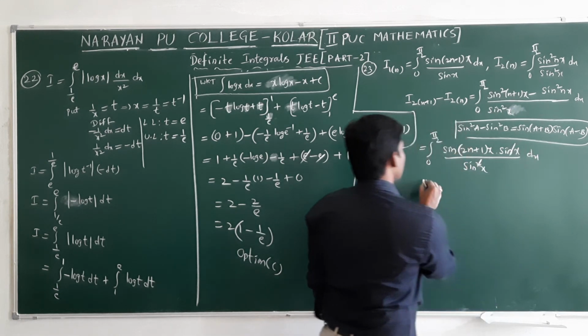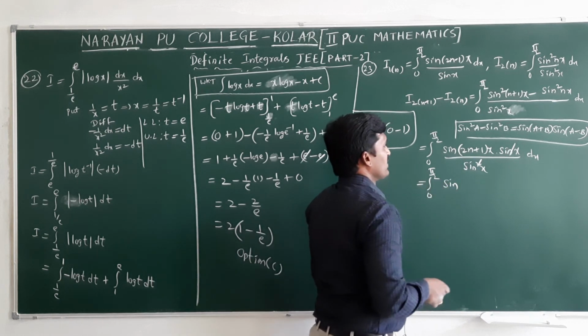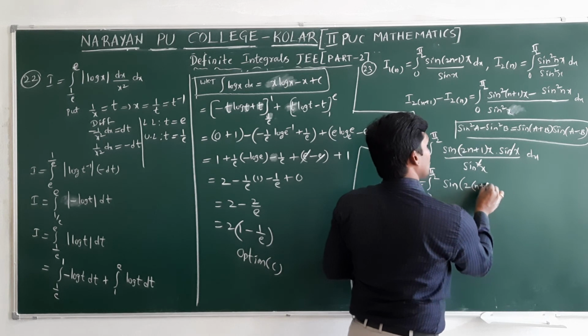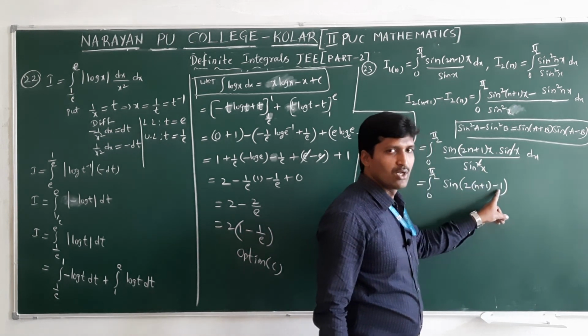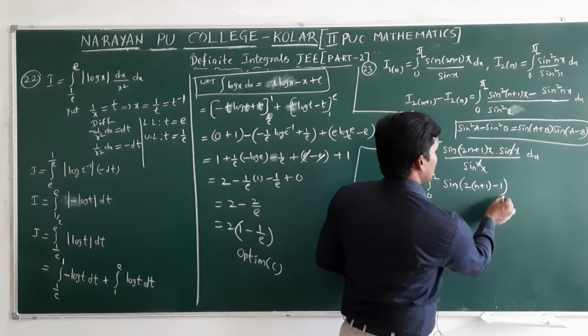One sin cancels: integral 0 to pi by 2 sin of this (2n plus 1), I can write like this, 2 into (n plus 1) minus 1. Simplify, 2n plus 2 minus 1, because I am converting into the I1 form, by sin x.